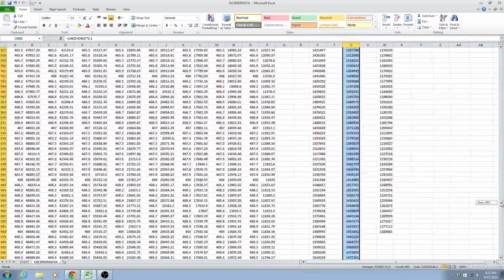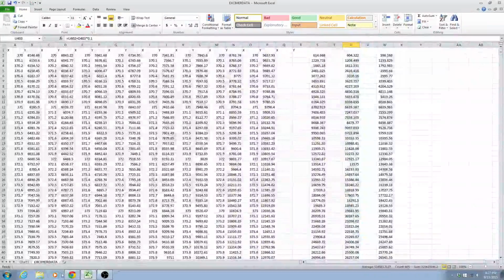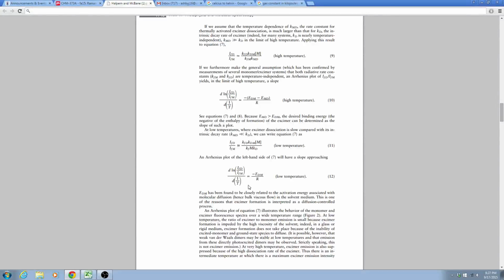Okay, then I forgot for a moment what I did next. Alright, so if you look at the equation right here, I have to take the natural log of the dimer intensity divided by the monomer intensity and plot that versus 1 over temperature.